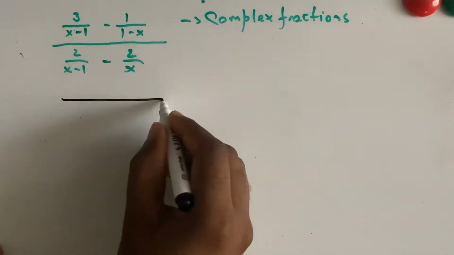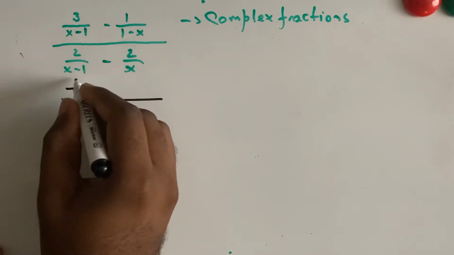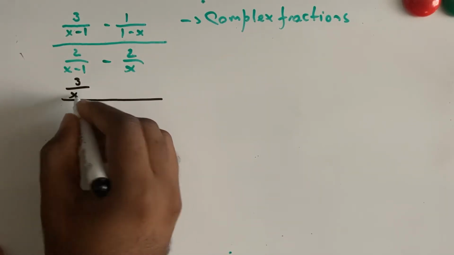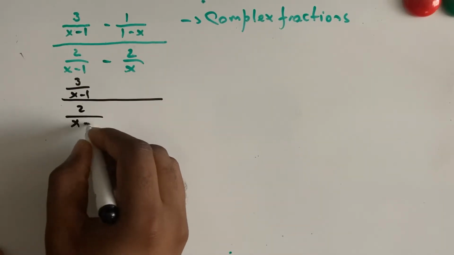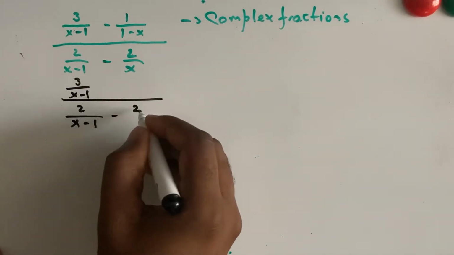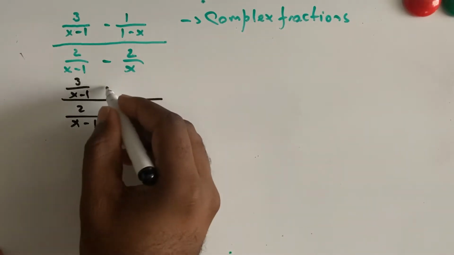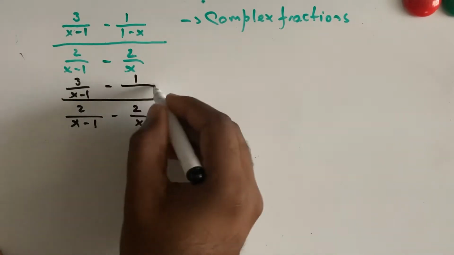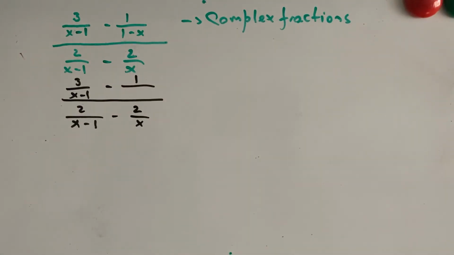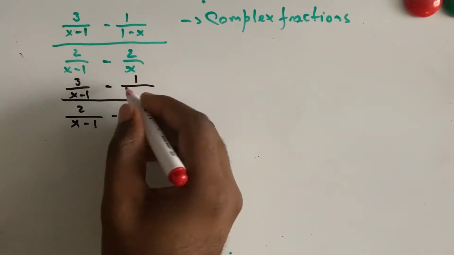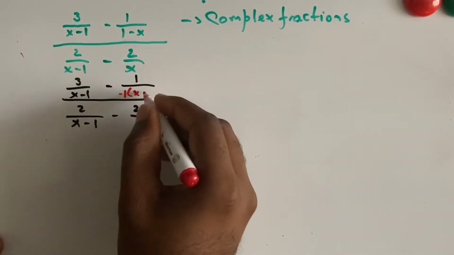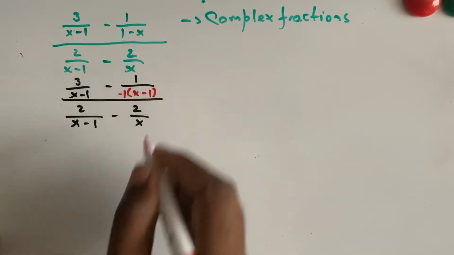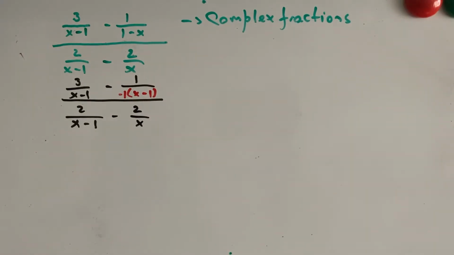I'm gonna keep everything the same, like the 3 the same way, x minus 1 the same way, 2 over x minus 1 the same way, 2 over x the same way, and I'll change this just to show you what I mean. I'll put a different color here. I'm gonna factor out the -1, which would automatically change what's inside to x minus 1, okay? It was 1 minus x, now the x becomes positive, the 1 becomes negative, okay?